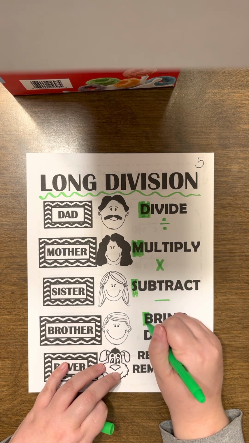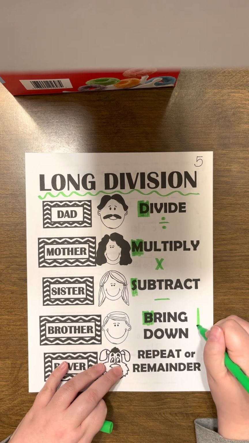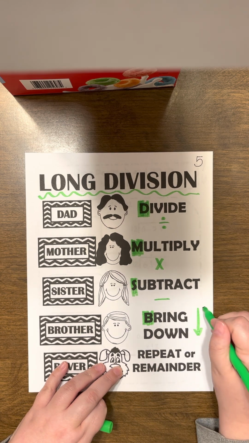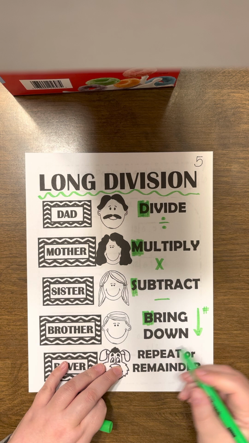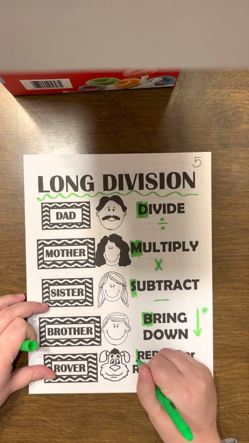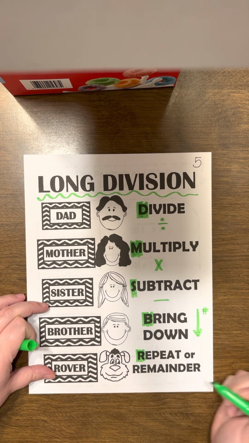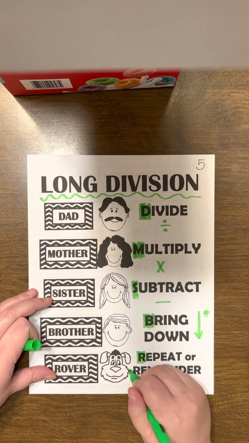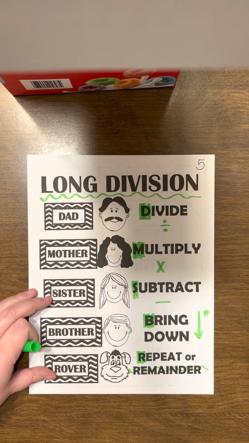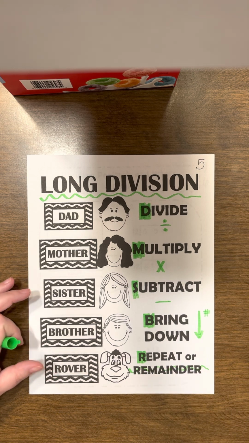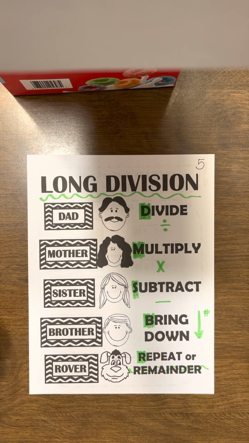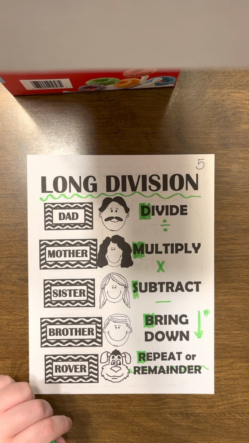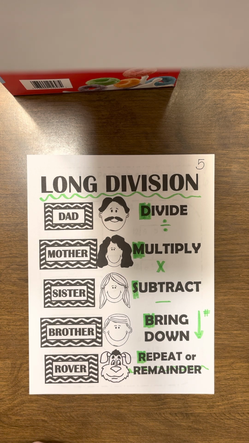And then we had the brother, and his job was to bring down the next number. And then we had Rover, who repeated the steps, or remainder. But remember, in decimal division, we're not going to have a remainder. We're going to repeat the process until we end with no remainder.